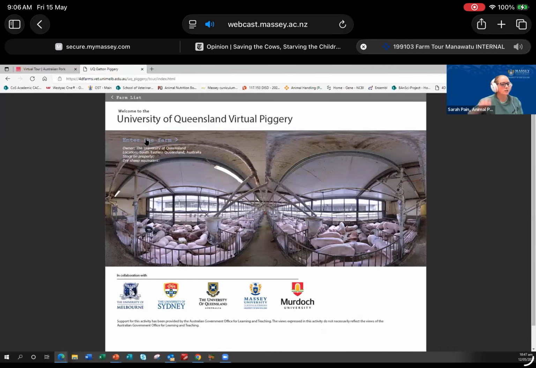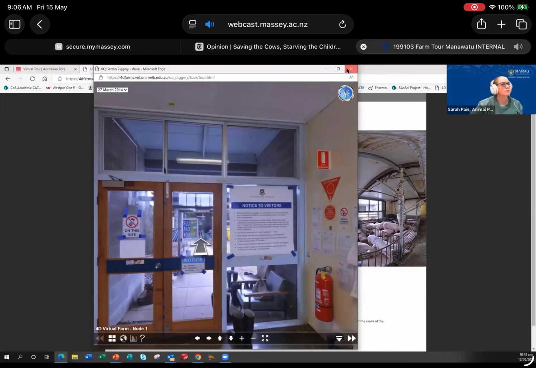So this is really just to provide you, again, with a bit of context and some comparison between those extensive systems that we saw, the sheep and dairy, compared to an intensive system, where the animals are housed a lot closer together, and typically it's run in much more of a batch fashion, with small groups of animals rotating through various parts of the farm.